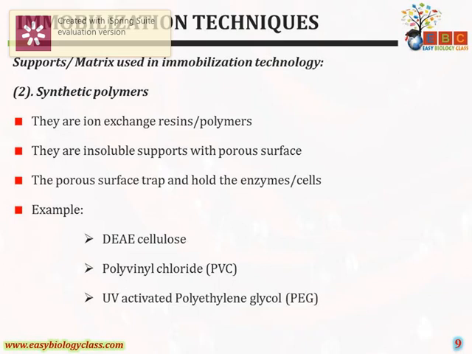And there are some properties given here. They are ion exchange resins or polymers. They are insoluble supports with porous surface. Then the porous surface traps or holds the enzymes. Okay, there are some properties of these synthetic polymers. You have to just remember the examples of these synthetic polymers in this slide.